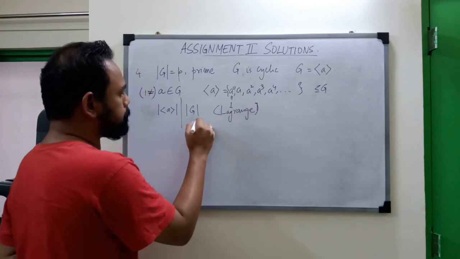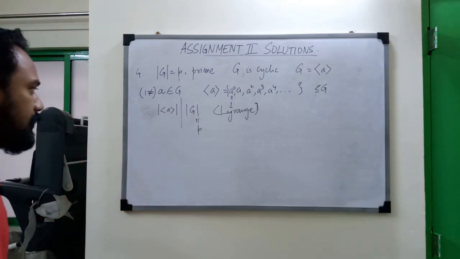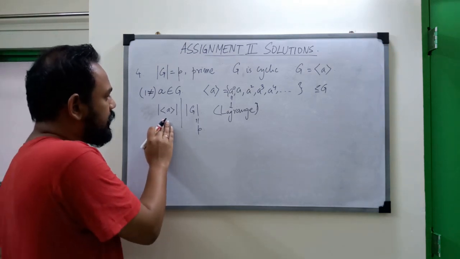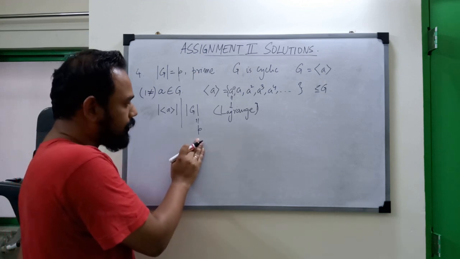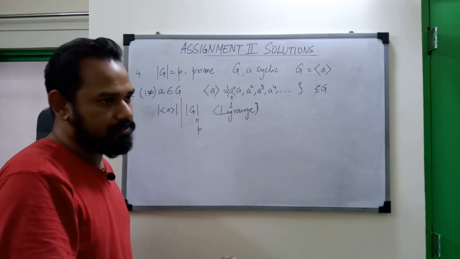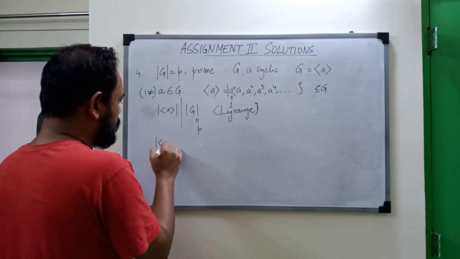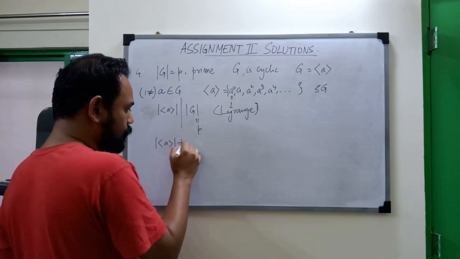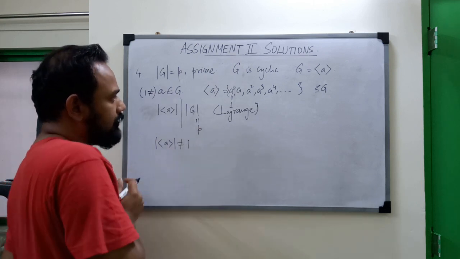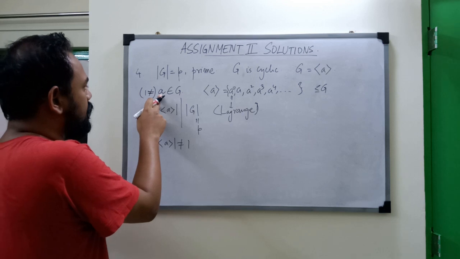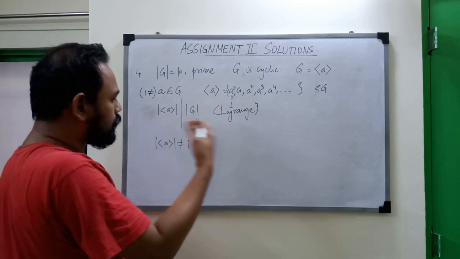But this is p. So what can divide a prime number? Either the prime number itself or 1. But this is not 1. The number of elements in this is not 1, because by choice we have taken a to be something which is more than the identity.